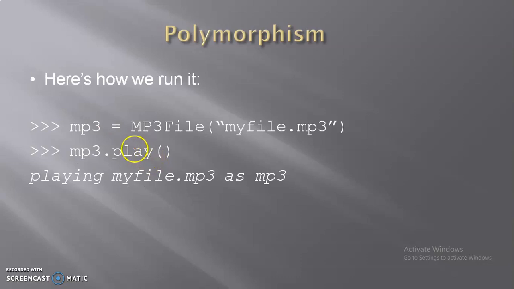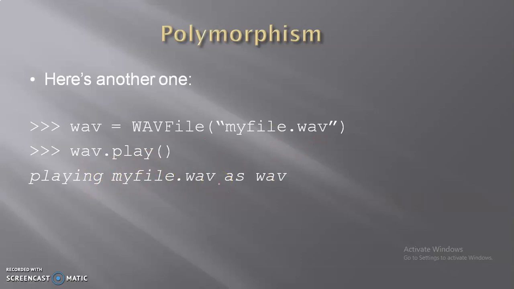Next, now we are testing the code. We have created an object for the mp3 file and sent the required file with the extension mp3. Calling mp3.play shows playing file mp3. Next, we have created an object for the wave file and we call the play method of the wave file. It shows the message.